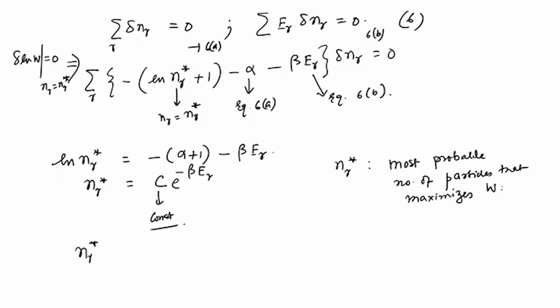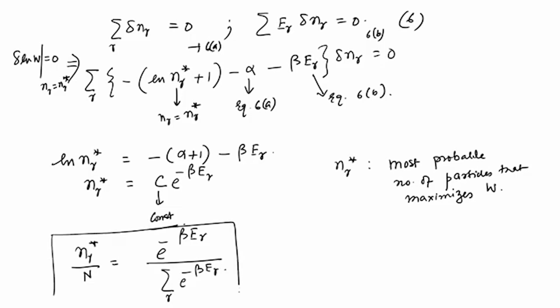So NR star by N is equal to exponential minus beta ER divided by the sum over R of exponential minus beta ER. We remind you that this is what we got as the probability that our system occupies a given energy state, and this comes out the same for the average or the most probable distribution where NR particles will populate energy level ER.